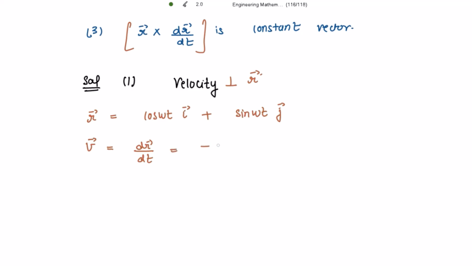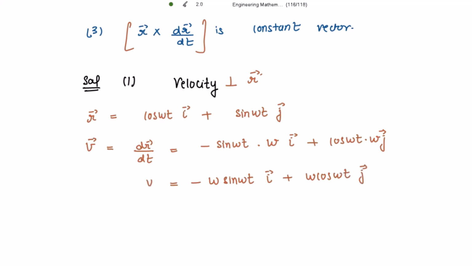That is minus sin wt into w i vector plus cos wt into w j vector. We can also write this as minus w sin wt i plus w cos wt j vector. So this is your velocity.